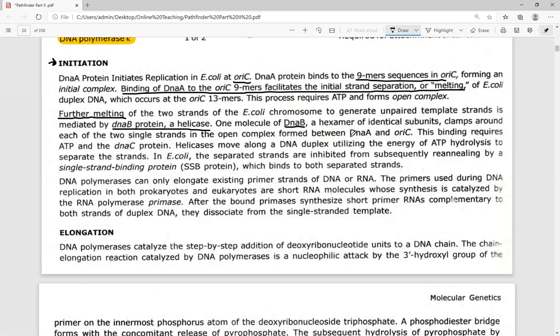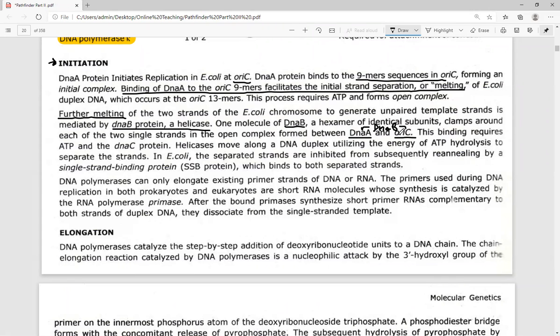So DnaB is going to be present in between DnaA and the origin of replication.